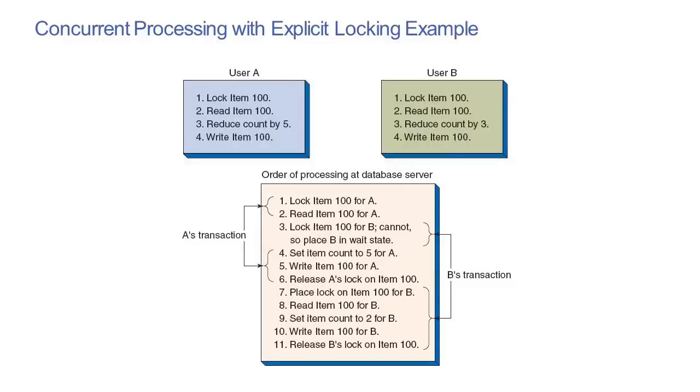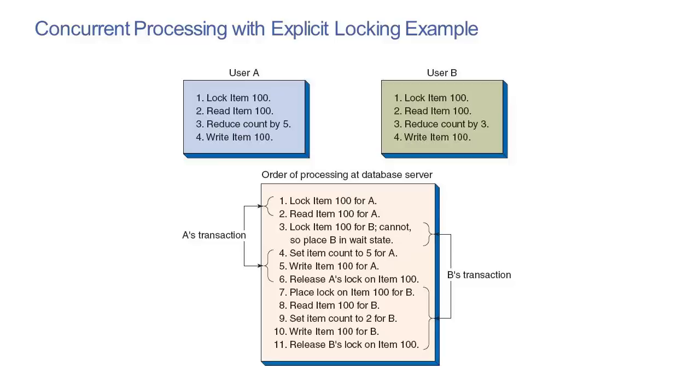When we went through this example the first time, user A's requests were serviced by the database before user B's requests were serviced by the database. Let's now reverse that process so that we handle user B's requests first, after which user A's requests will be handled by the database. Again, recall that we are beginning with 10 units of item 100 in inventory.